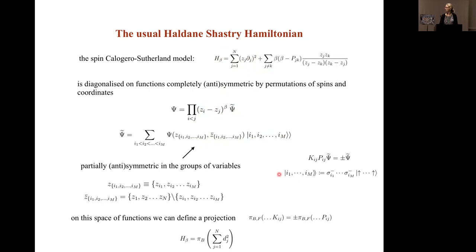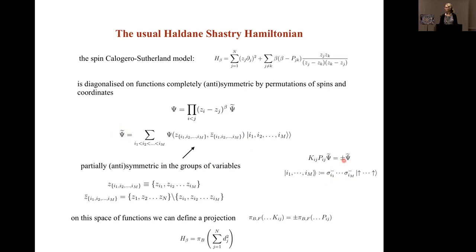So these vectors here are just reversed spin, the magnon states. And one can choose the symmetry of this psi tilde to be either totally symmetric or totally anti-symmetric by permutation of both coordinates and spins.